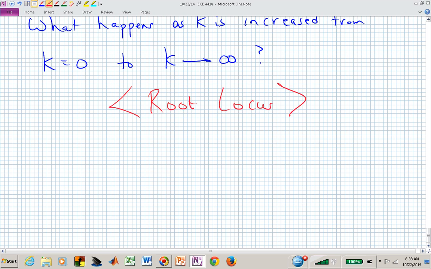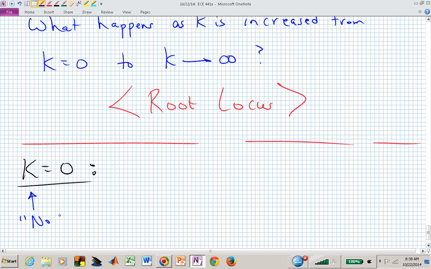Let's look at some cases. Suppose somebody says, well, what's going to happen if K is equal to 0? Now you basically don't have any feedback. Let's just consider it that way.